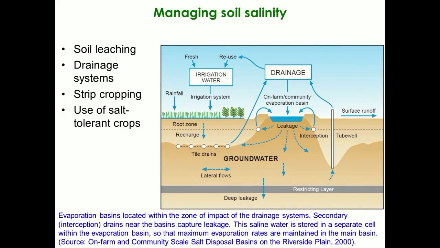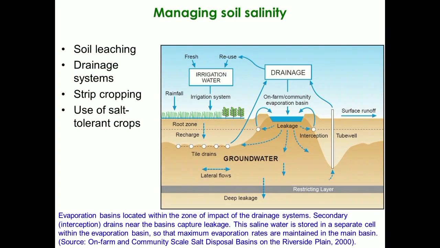So what can we do? Well, overcoming salt-contaminated land is very challenging. Once an area is very salt-contaminated, it's quite challenging, quite expensive, and not particularly efficient to return that land to a productive state. You can bulk remove that salt from the land, but it's very costly and not always that efficient.